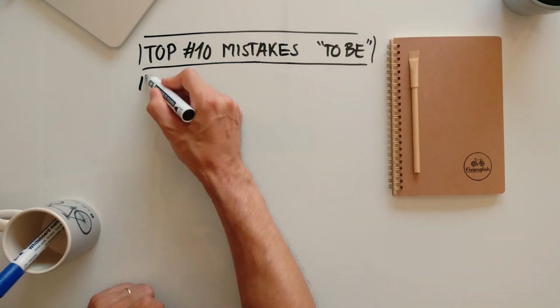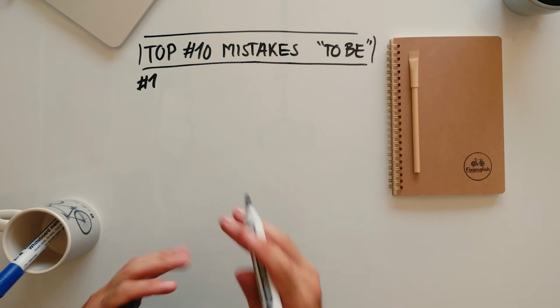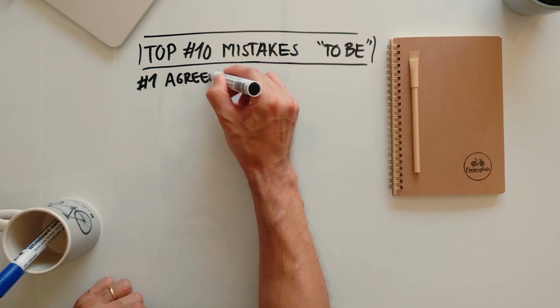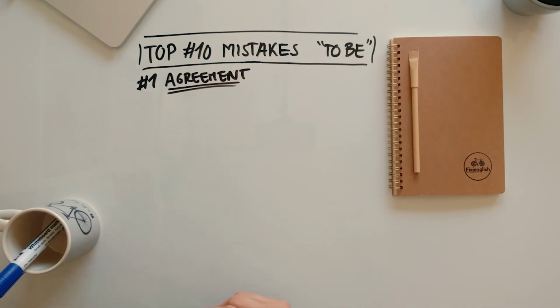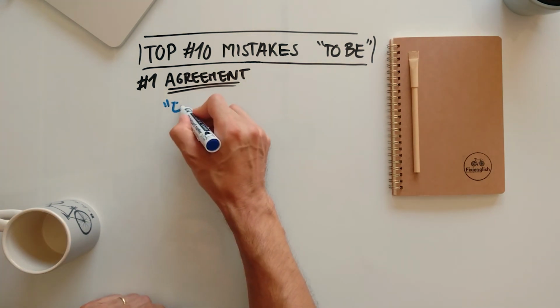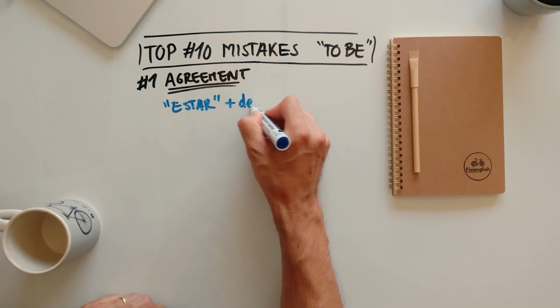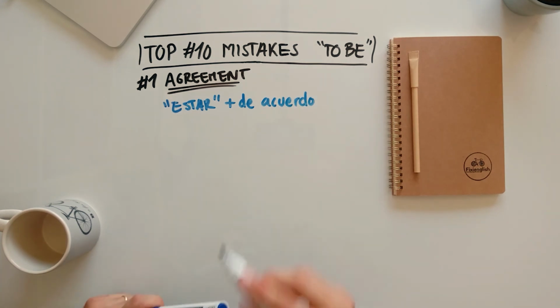And last but not least, the number one most common mistake we found when people are using the verb to be is when they are wanting to express agreement. So what happens here? Well, in Spanish, we would use the verbal phrase that combines the verb estar plus the words de acuerdo. But in English, we could do this in two different ways.